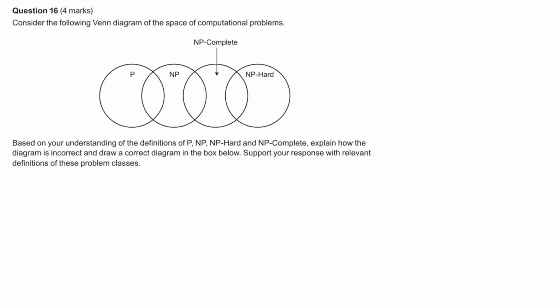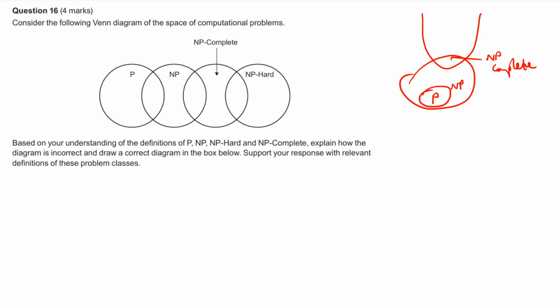Oh, this one! I would go straight away and write down that diagram, which you should be very, very familiar with. So we have P, NP, this bit is NP complete, and this bit is NP hard. So we have drawn a correct diagram in the box below. Well, the box isn't there, just imagine it was.